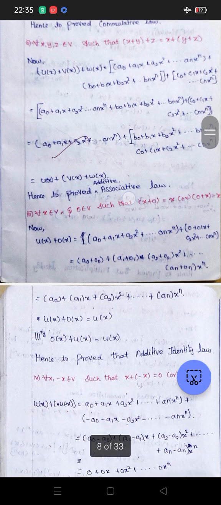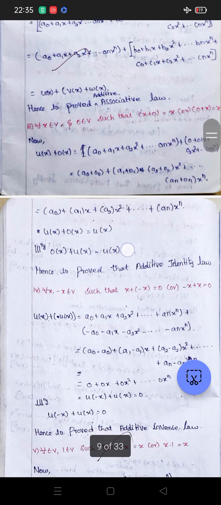You can write u(x) + (v(x) + w(x)). So hence we prove the additive associative law.